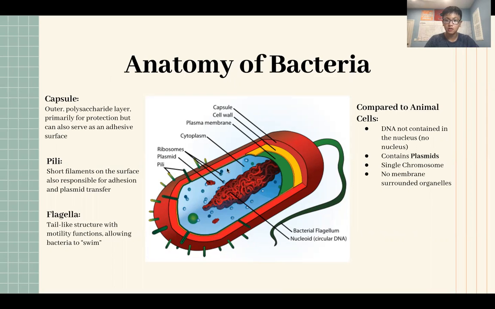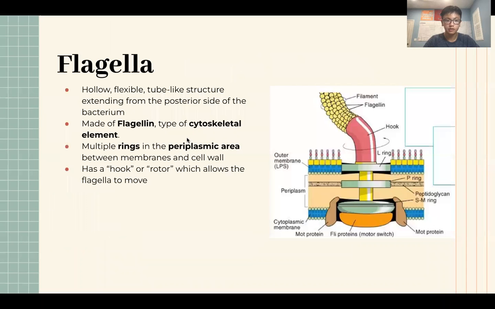It is in a general area as a nucleoid in the middle of the cell, but it is not in a set area. There are no membrane-surrounded organelles. And it has a single chromosome, which is essentially just a circular thing. Also, it contains plasmids, which are short circular strands, which also play a role in bacteria genetic programming.